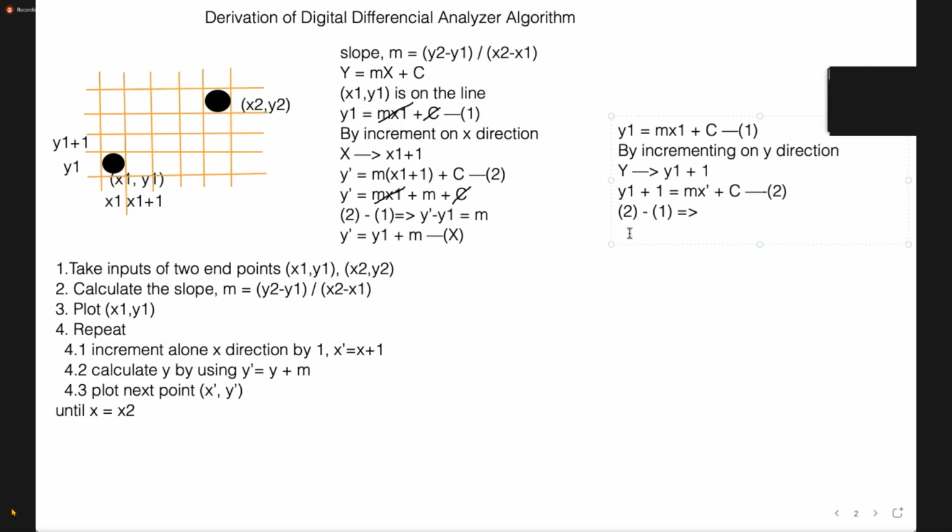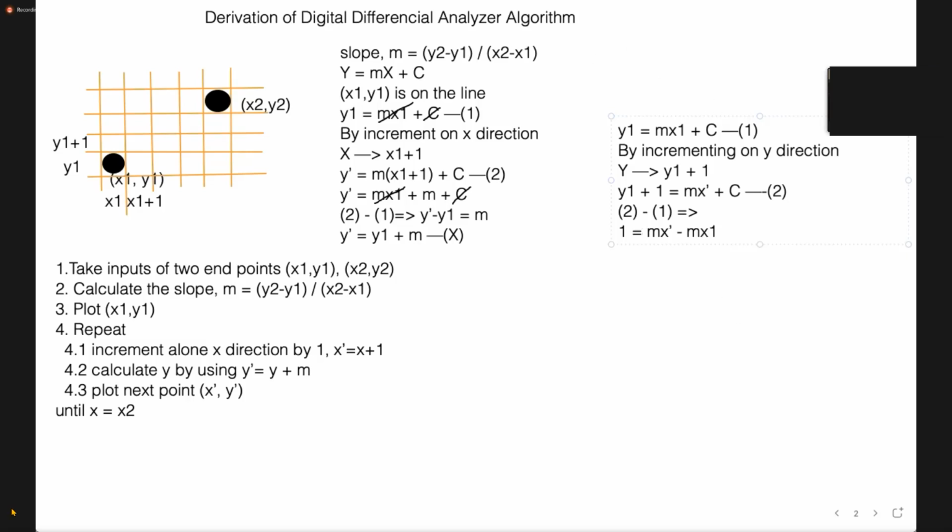Then 1 remains. 1 equal m x dash minus m x1. C to C cancel out, right?